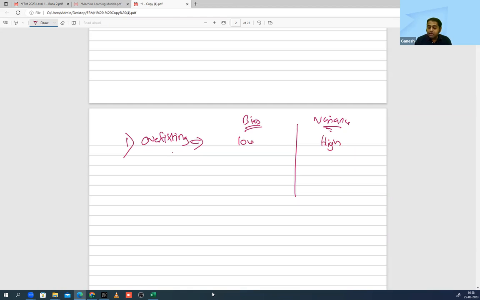What is variance? When you do the prediction, the distance between the actual value and what your model is saying is very high. The variance is going to be very high for prediction. Understood? Right? That is for the overfitting model. The second point is underfitting.